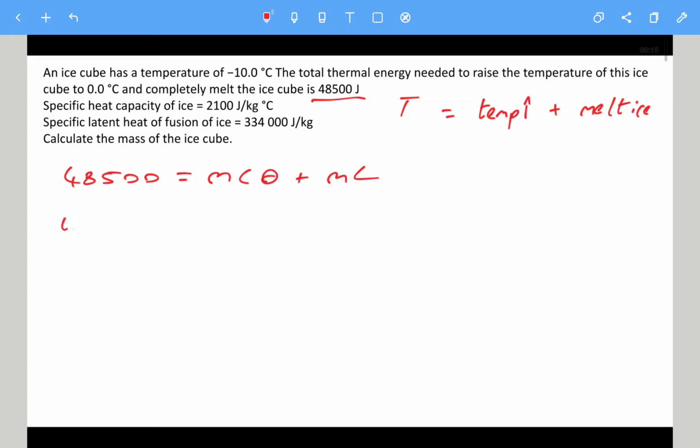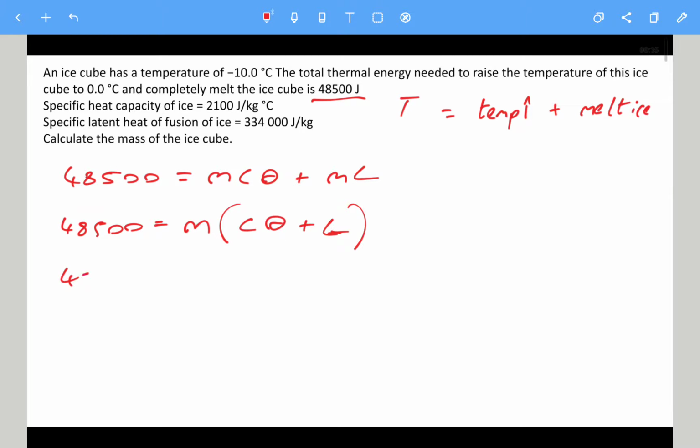So 48,500 equals, what we should do first of all is factorize this. So pull the m out of both of these, m c theta and mL. So let's take the mass out and then brackets. So specific heat capacity times change in temperature plus the latent heat of fusion L. Close brackets. So let's put some numbers in.